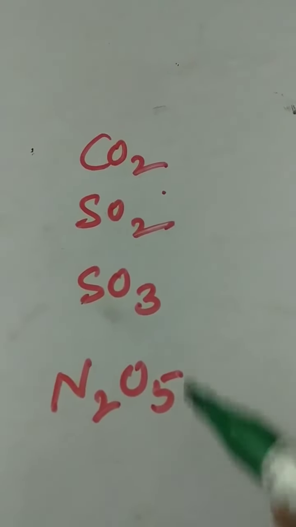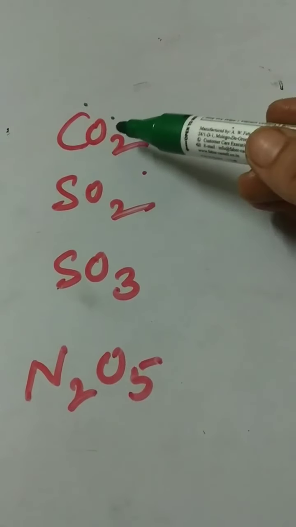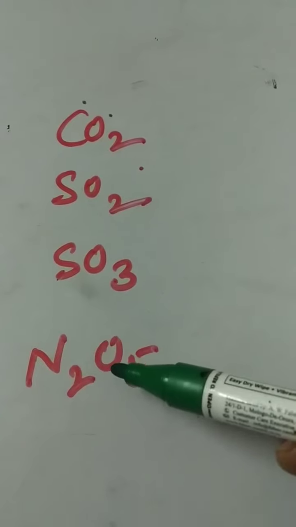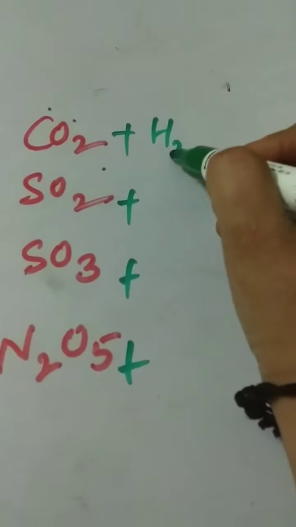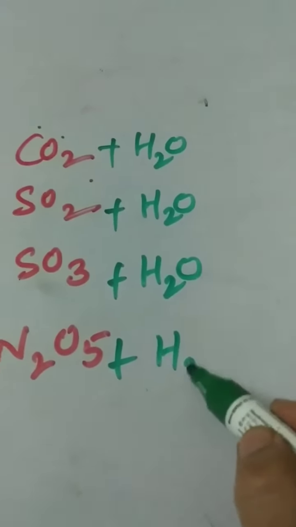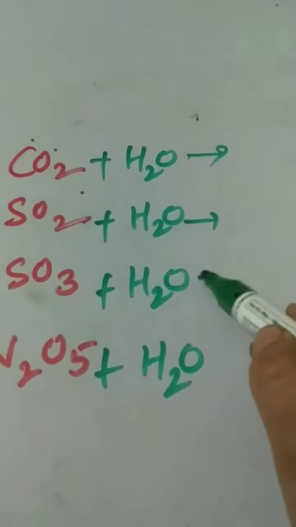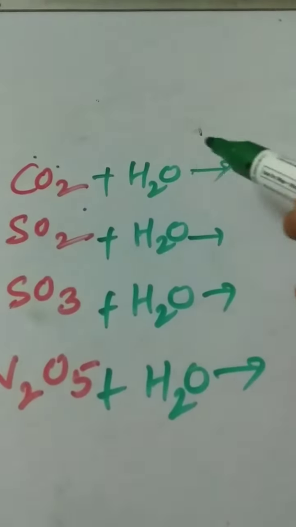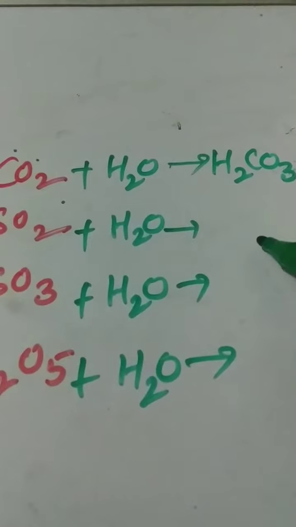Carbon, sulfur, nitrogen. These elements are non-metals and they combine with oxygen to form oxides. When these non-metal oxides react with water, they dissolve in it and form acids. When carbon dioxide mixes with water, which acid does it form? Carbonic acid.